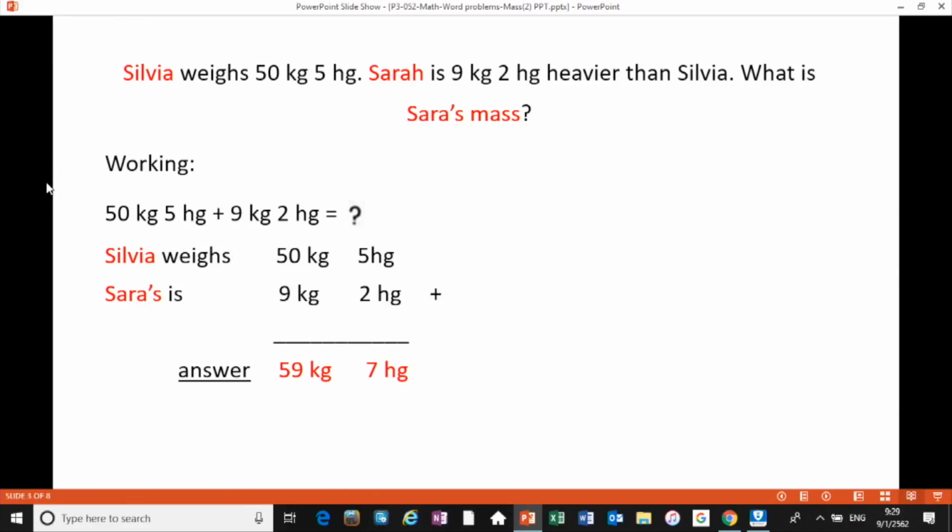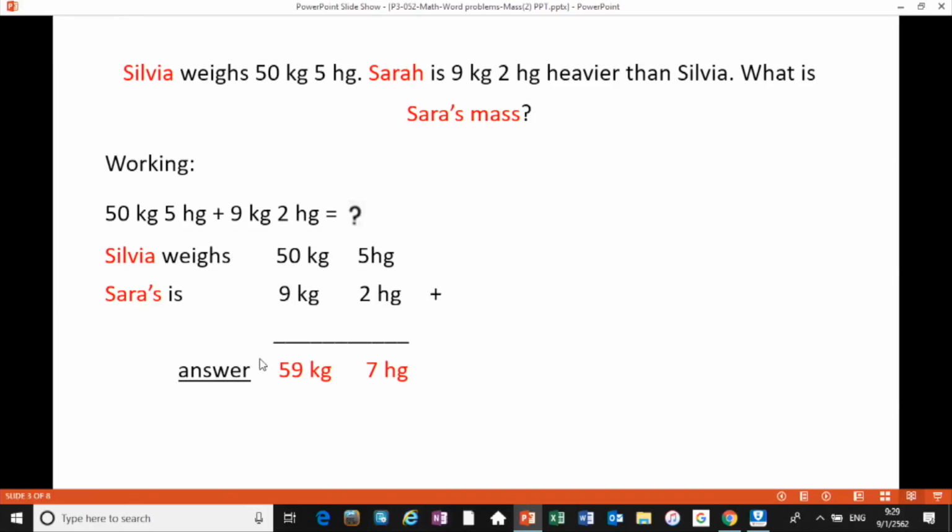What do we need to do? We need to take Sylvia's weight or mass and then add the amount that Sarah is heavier by. So Sylvia weighs 50 kilograms, 5 hectograms. And then we add how much heavier Sarah is, 9 kilograms, 2 hectograms. Here we have the answer.